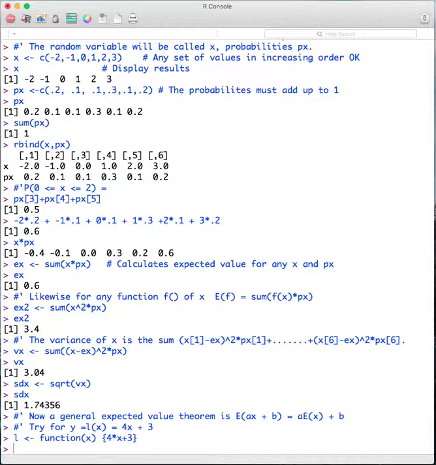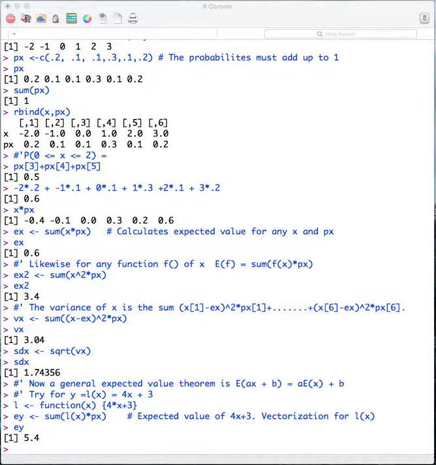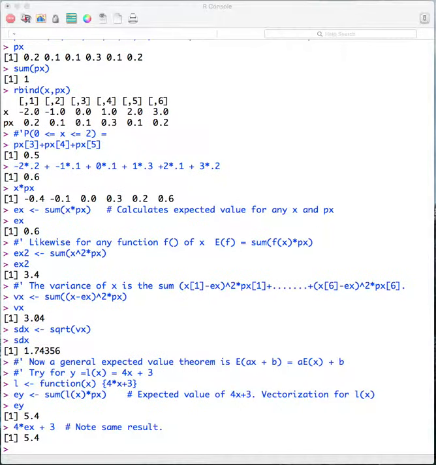That's just the sum of 4x plus 3 for each x value times the associated probability. Let me call it EY. And I get a number, I get 5.4. But let's take 4 times the original expected value of x, that was 0.6, plus 3. Let's see what you get. Same result.